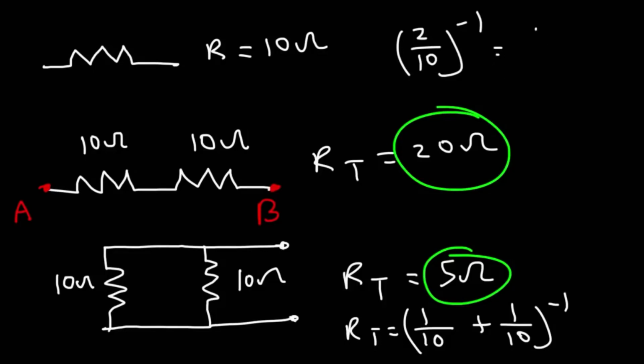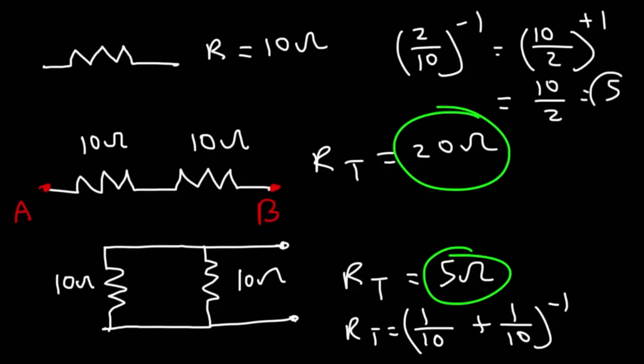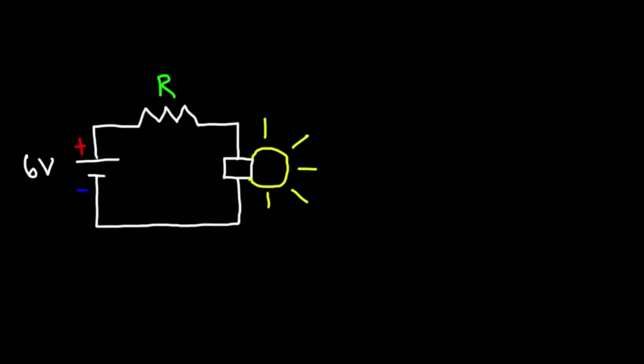If you flip the fraction, the exponent will change sign. It will change from being negative 1 to positive 1. 10 over 2 to the first power is simply 10 over 2. And 10 divided by 2 is 5. And so anytime you connect two identical resistors in parallel, the total resistance will be half of their respective values.